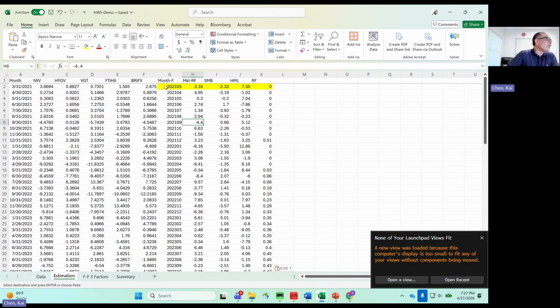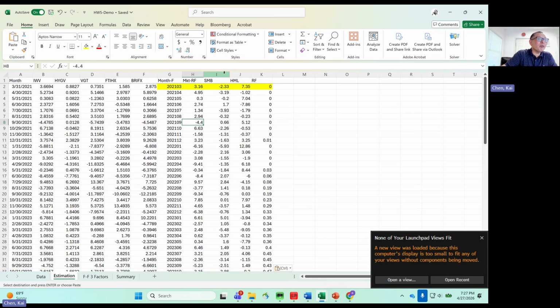Now we can see, right? In March 2021, the market risk premium is 3.16%, right? The return on SMB, the small minus big portfolio. In the class, I have explained what SMB is.